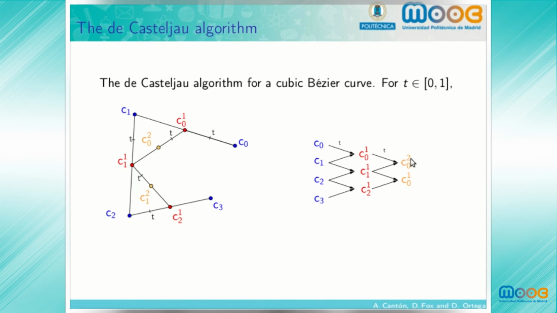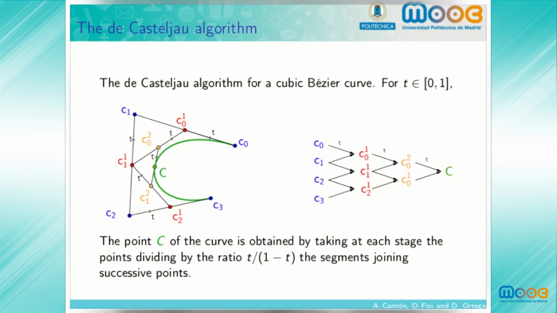The points in the second iteration are on the line segments that join the points of the previous iteration at a ratio t, 1 minus t. The final point obtained is a point in the segment joining the points in the previous iteration at ratio t, 1 minus t. The point C(t) of the curve is obtained by taking at each stage the points dividing by ratio t over 1 minus t the segments joining the successive points. For a cubic curve, this is done 3 times.